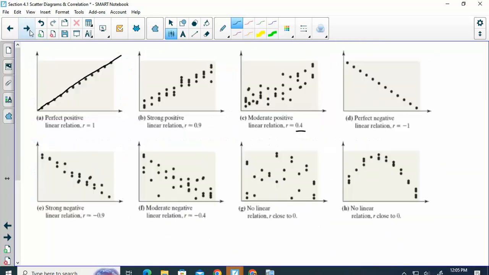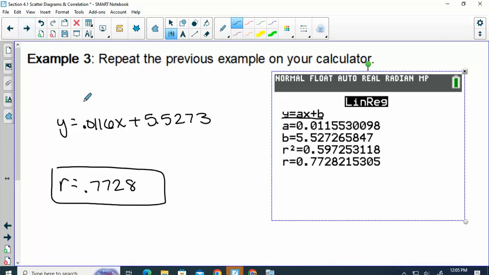What's the critical value for 12? So is the absolute value of R bigger than the critical value? Yes, so that one is a positive linear relationship. So you'll notice the more points you have, the smaller the critical value.